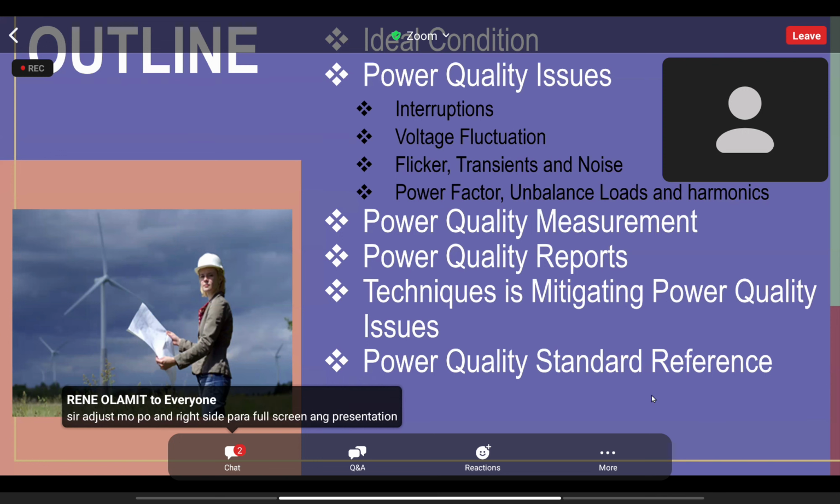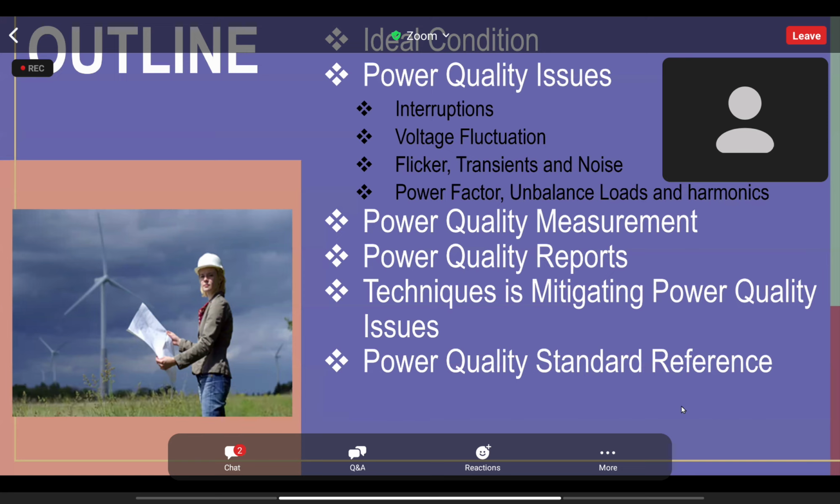So the outline of our presentation today is the following. So we will study first the ideal condition. What are the power quality issues in our systems that we need to address, we need to monitor, and we need to check for improvement. Then how do we measure the power quality? So what are the instruments that are being used to measure the power quality?